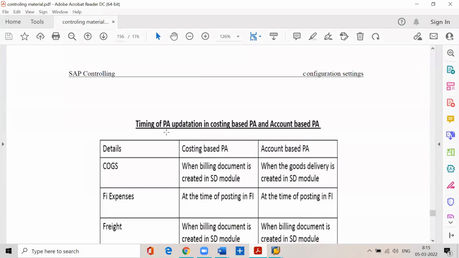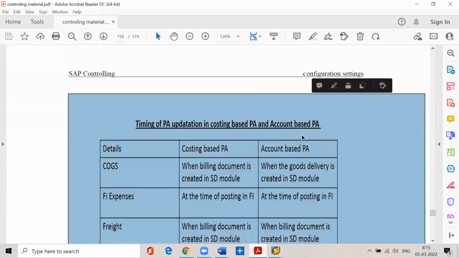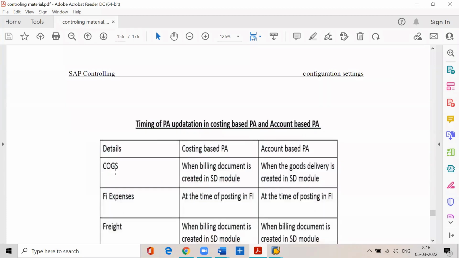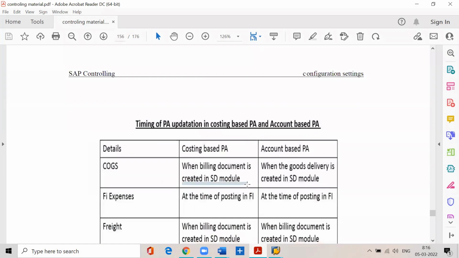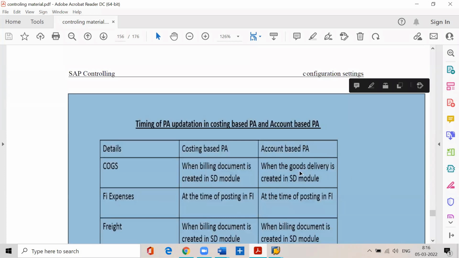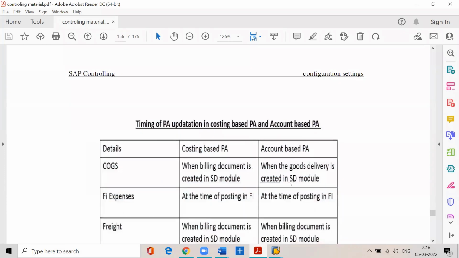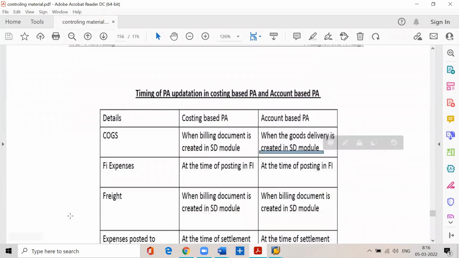Then, timing of profitability analysis updation in costing-based COPA and account-based COPA. Cost of goods sold is updated when the billing document is created in the SD module, and in account-based COPA, the cost of goods sold is updated at the time of creating the delivery document. FI expenses are updated at the time of posting in FI.